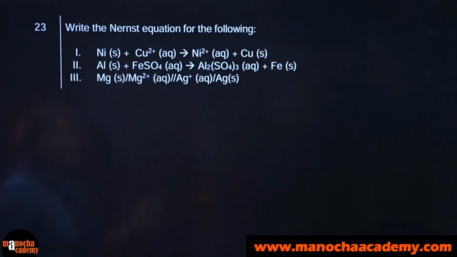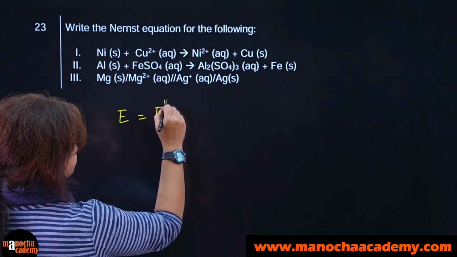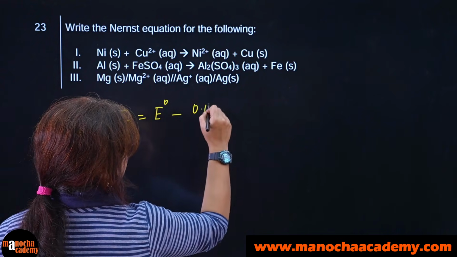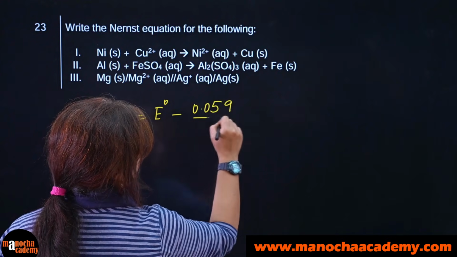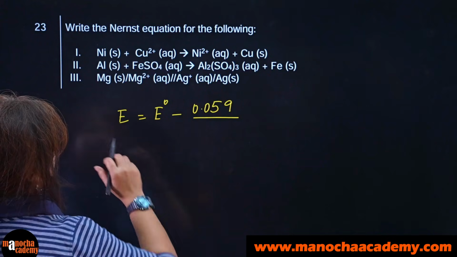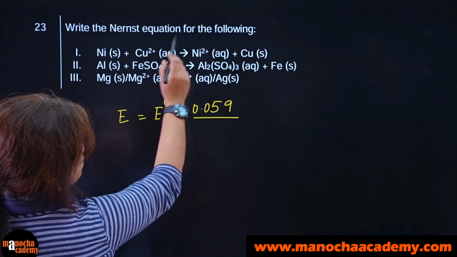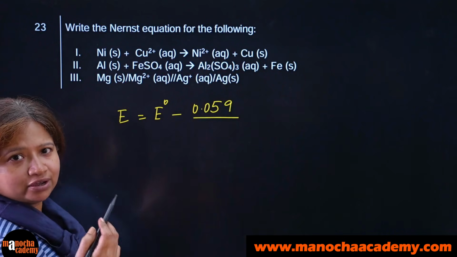Now we know the Nernst equation, general thing we know very well, E equal to E0 minus 0.059 by n. n is the number of electrons exchanged. We can see here nickel to Ni2+, 2 electrons, Cu2+ to Cu is also 2 electrons. So here the thing is very simple.